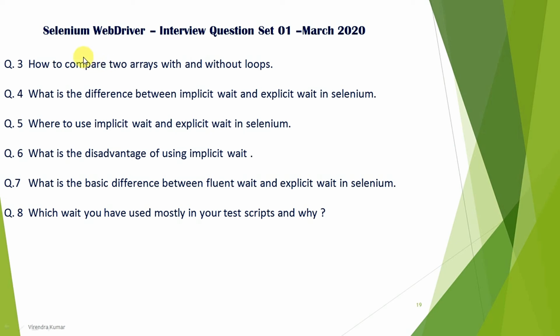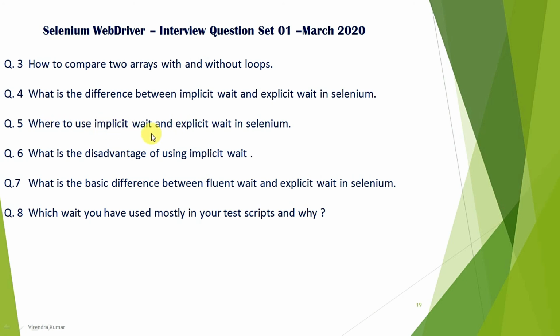Now the next question will be: what is the difference between the implicit wait and the explicit wait in Selenium? Then you will be confused. Then they will ask, okay, where to use the implicit wait and explicit wait in Selenium. Their intention is to know your experience.